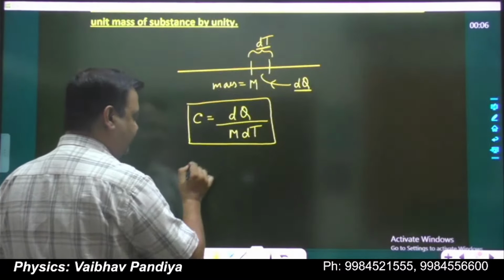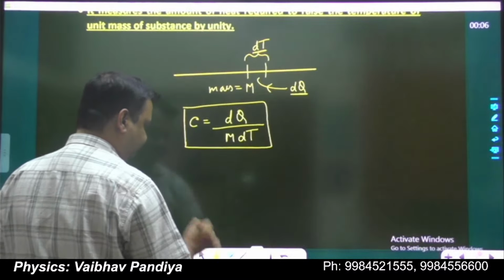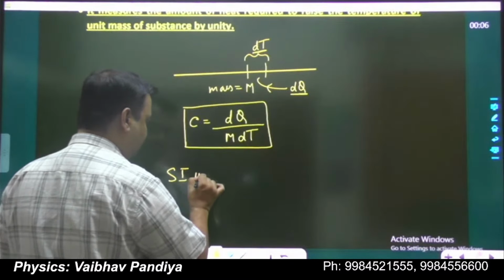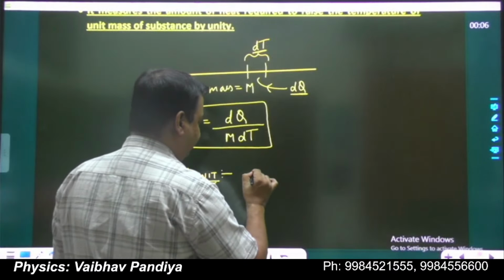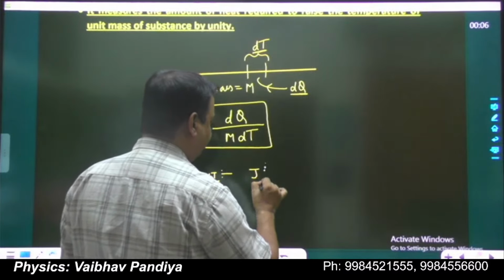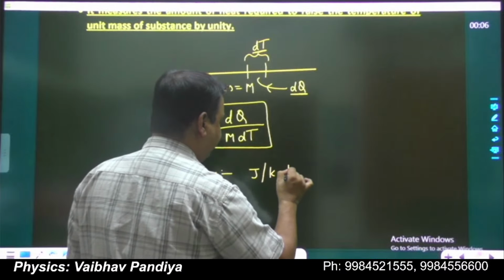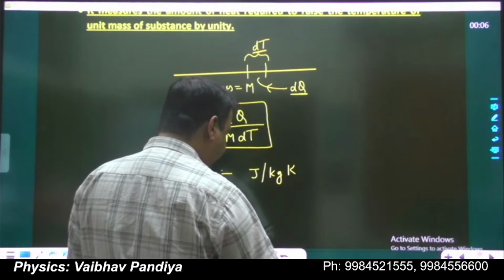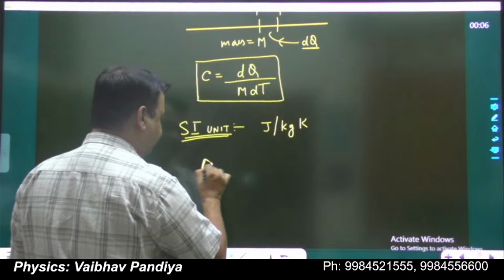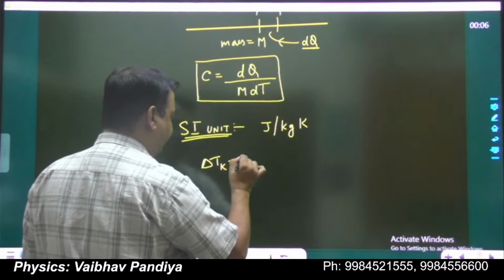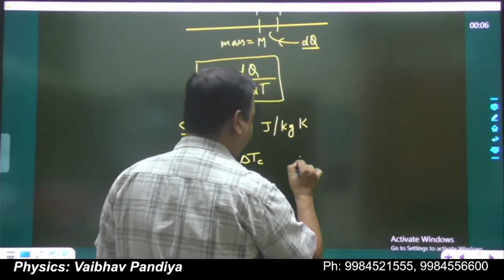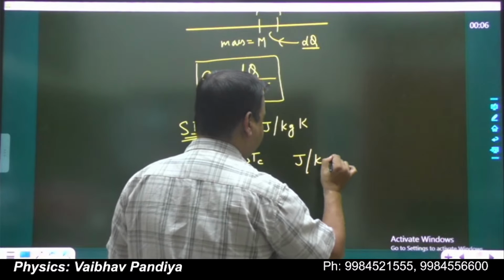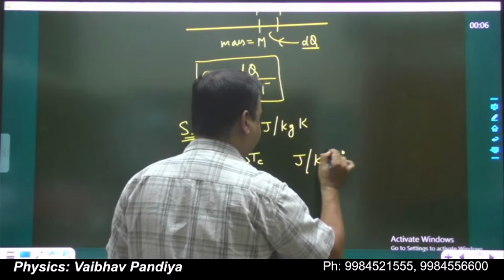Now what will be the SI unit of specific heat? The SI unit will be joules per kg Kelvin. And when you're writing the change in temperature in Kelvin, it will be the same as the change in temperature in degree Celsius. So you can also write joule per kg per Celsius degree.